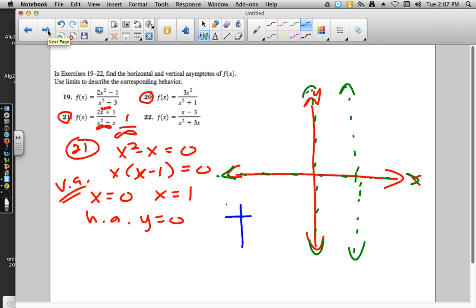But what I would want to do without a graphing calculator is just pick some numbers to the left of our line x equals 0. So something like -1, -2, -3, and put those back into the original and see what we get. Well, if we put a -1 in, we're going to get a -1/2. If we put a -2 in, we're going to get a -1/2.